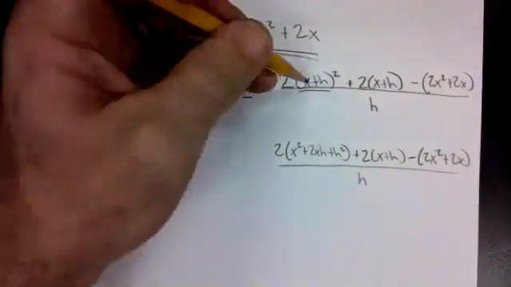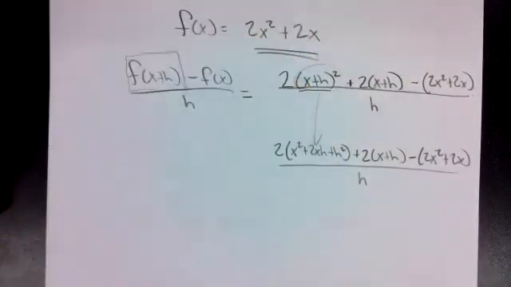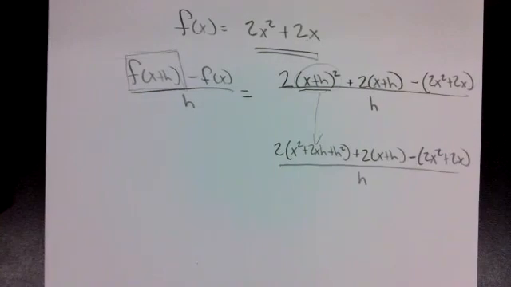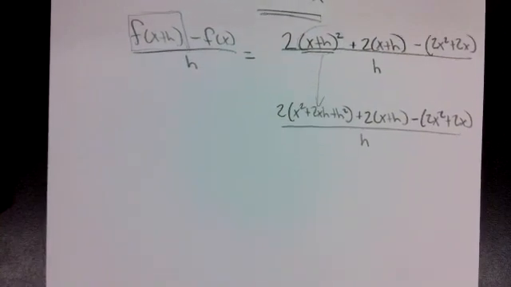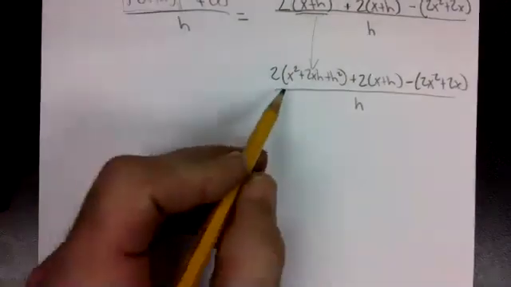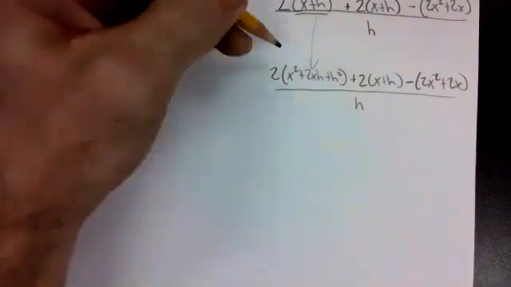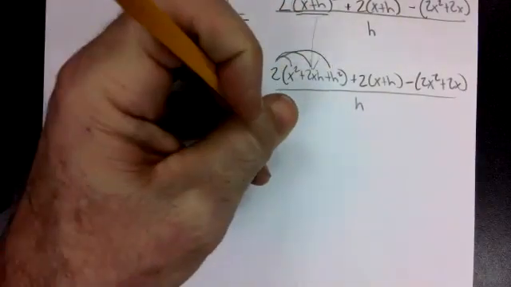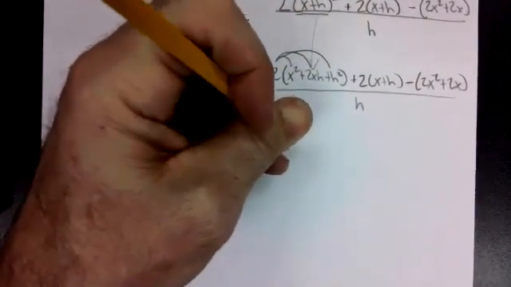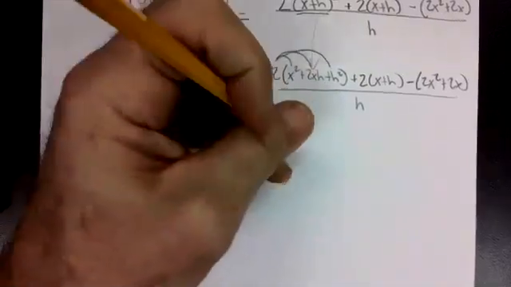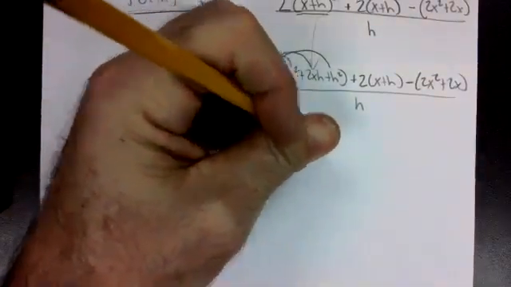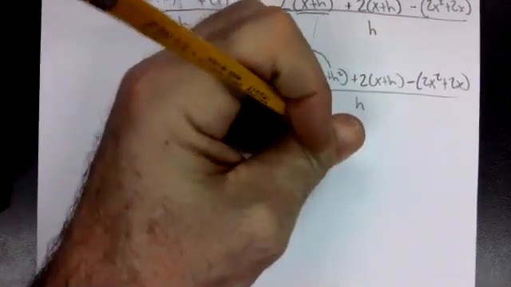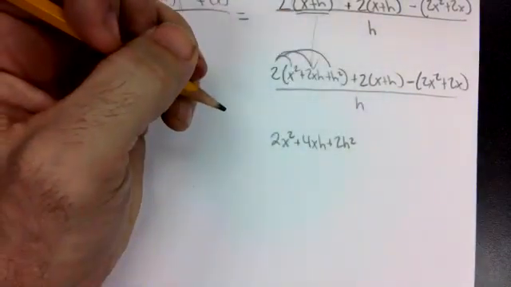Then I'm going to do all of my distribution basically in one step. So anything outside of the parentheses multiplies to everything inside. So we're going to get 2x squared plus 4xh plus 2h squared.